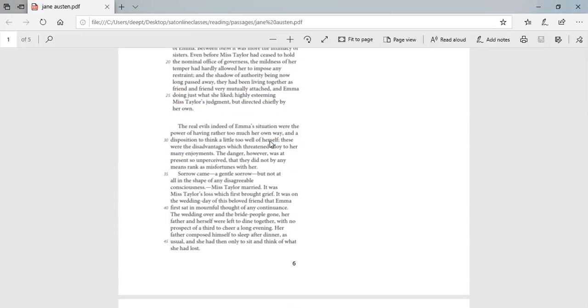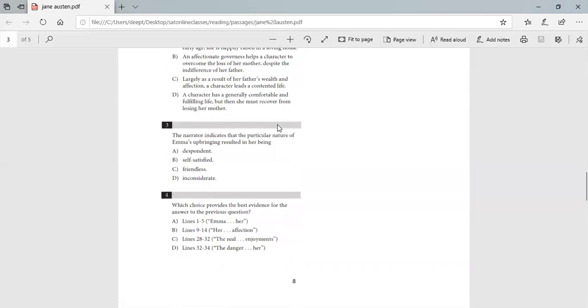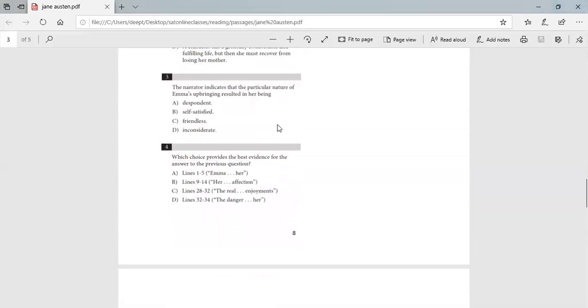She thinks a little too well of herself. These were the disadvantages which threatened alloy to her many enjoyments. So what's her nature? Her nature, because of how she's grown up, is that she thinks she's just too good for everything. So she thinks everything about herself. Yes, we got some answer over here. Let's see if this kind of word is given anywhere.